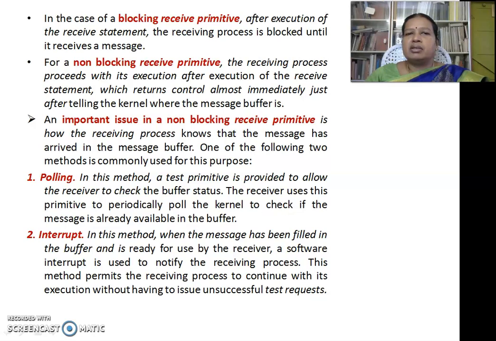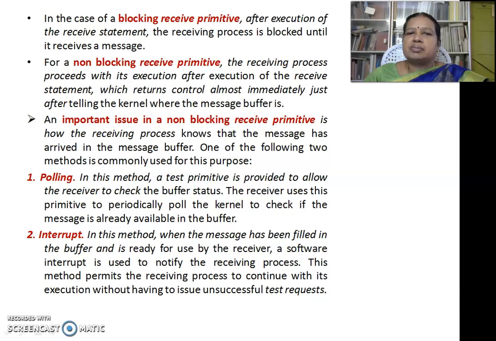In the polling method, a test primitive is provided to allow the receiver to check the buffer status. The receiver uses the primitive to check periodically and poll the kernel to see if the message is already available in the buffer. Another method is interrupt.